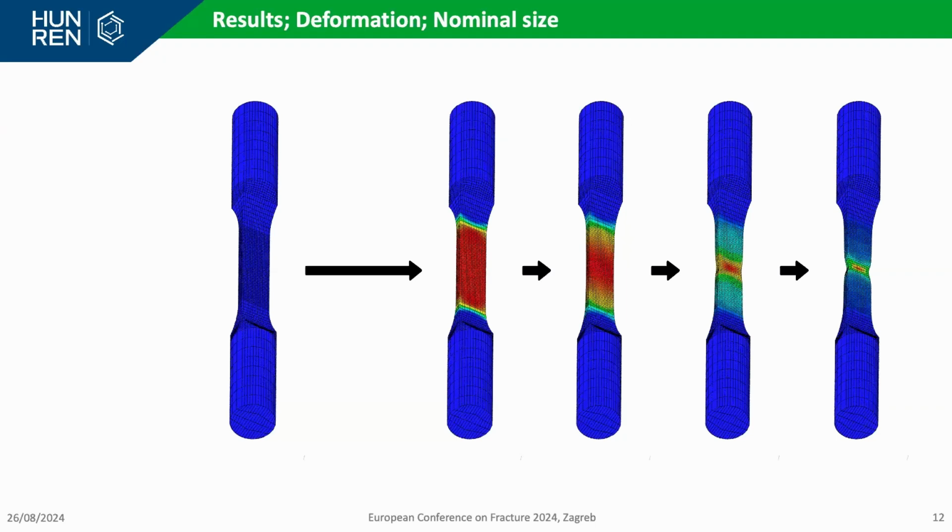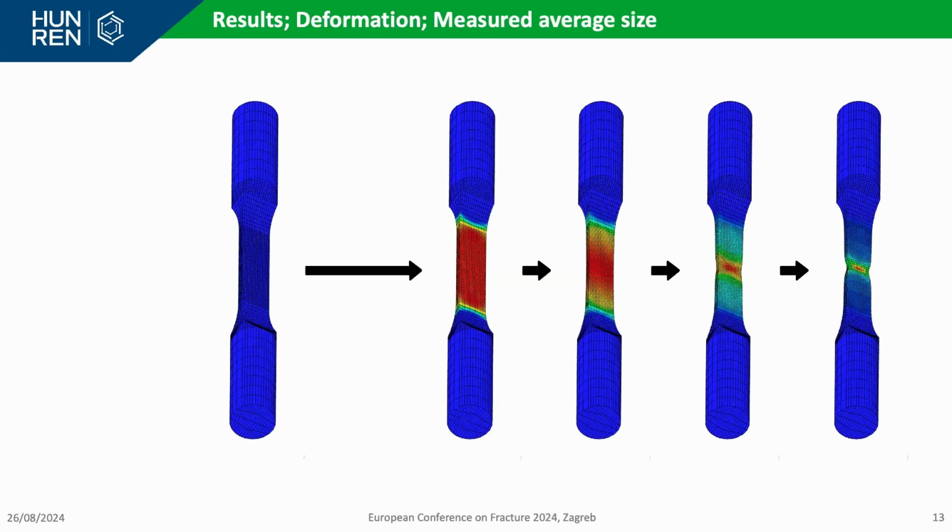The results show the equivalent plastic strain, the evolution of the plastic strain. And this is the first model, which is the nominal size. Everything is symmetrical, everything is perfect geometrically, and you can see that the results are also perfect. At the beginning, the strain is uniform, and it keeps symmetrical. The necking occurs at the middle of the gauging section. The second model is almost the same, because the only difference is it is a bit smaller.